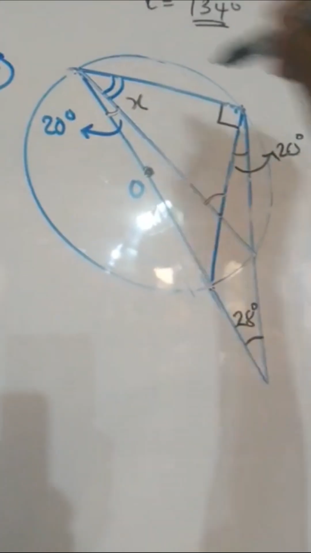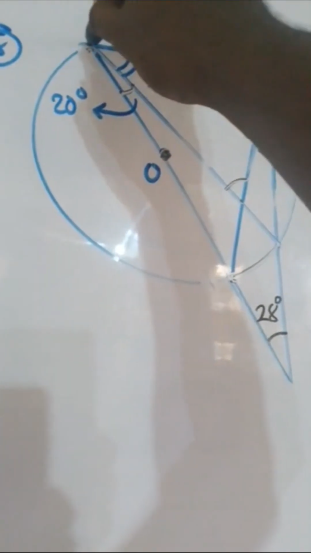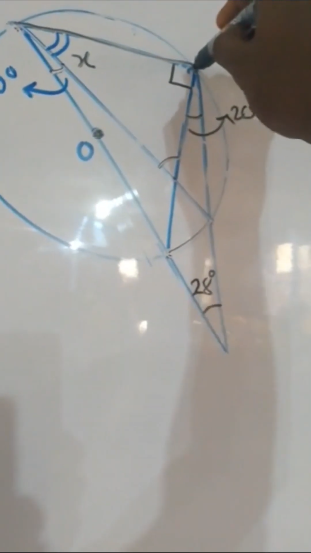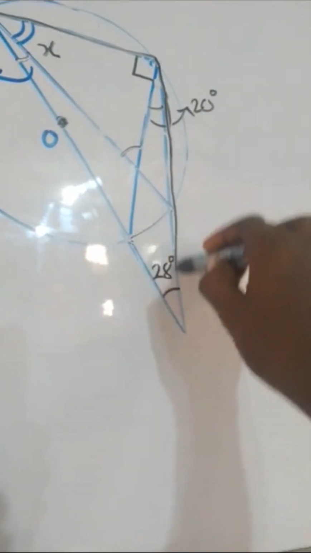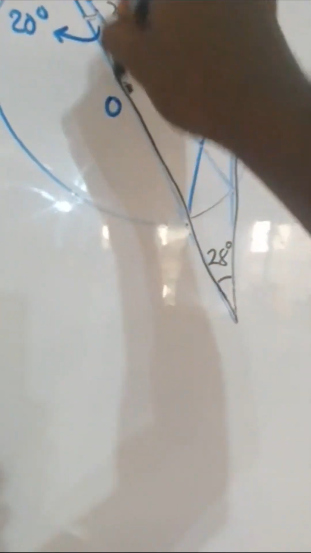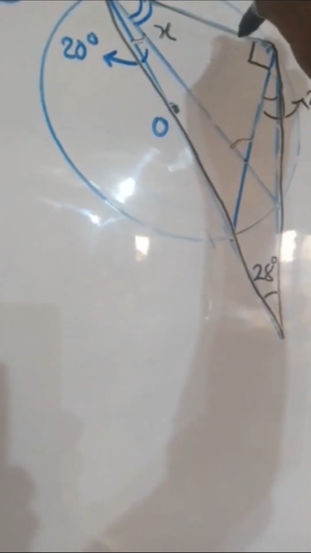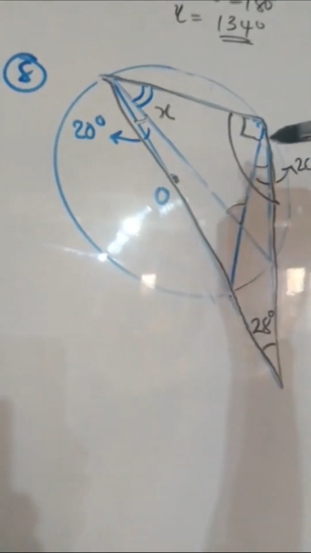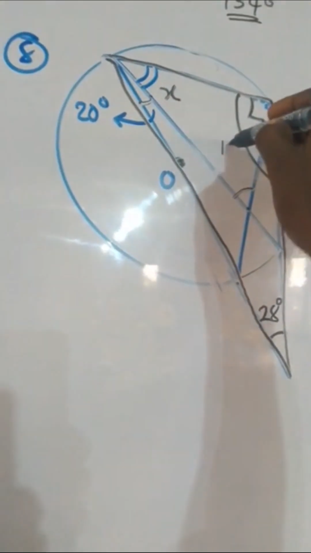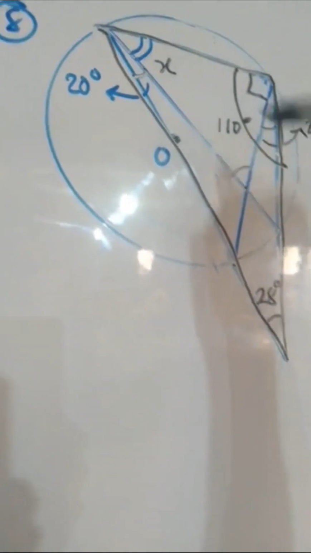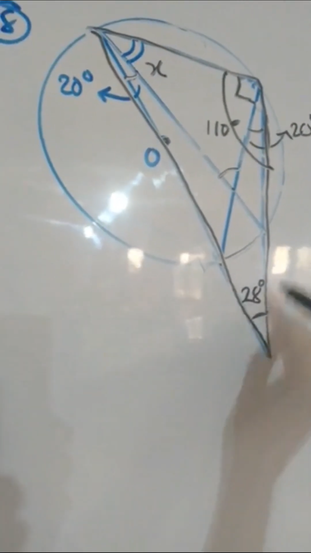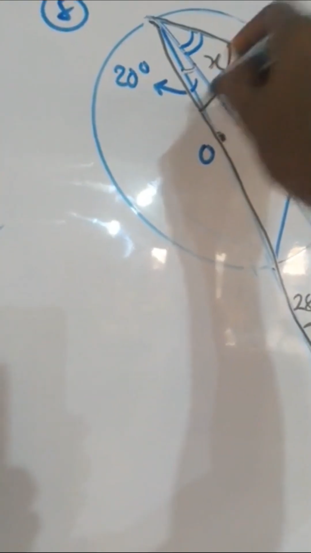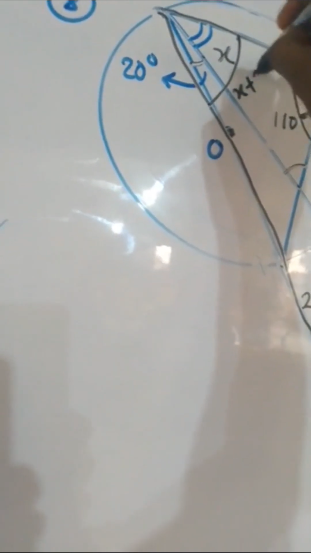Now when we check this particular triangle, from here, down here, up here, we have 90 and 20, which makes it what? 110. This one is what? 28. And the whole of this angle is x plus 20.